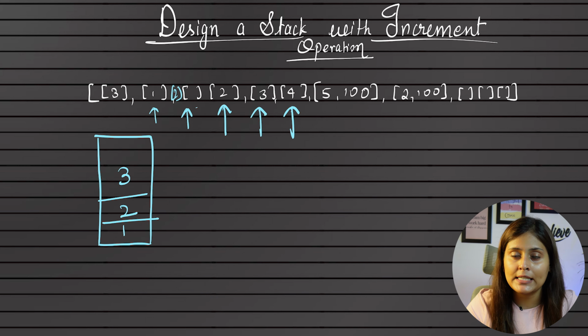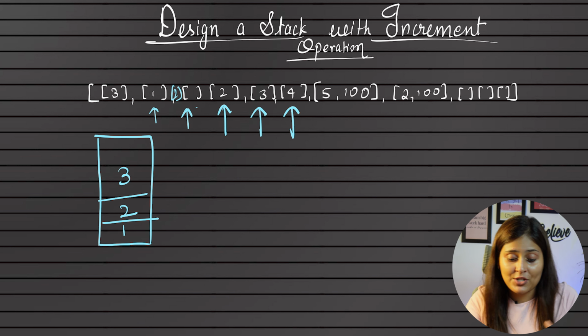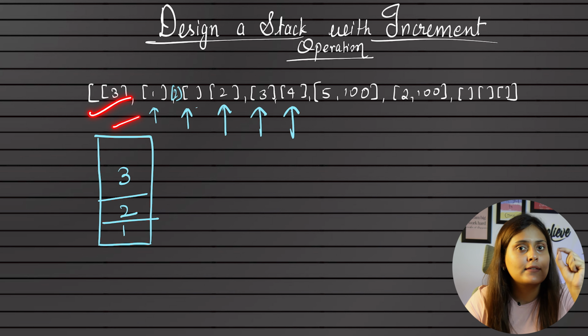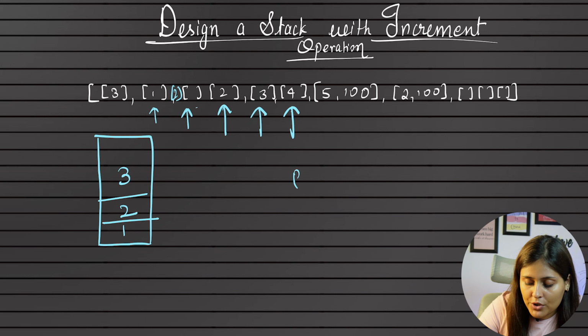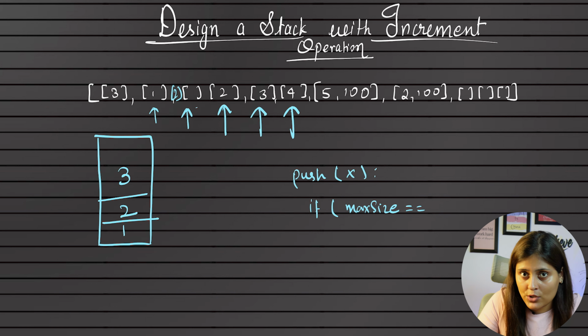So in our push functionality, definitely before pushing the element 4, we'll check that if the size is already matching with the max size allotted, then that element we will not push in the stack and we'll simply return. So in the push function, we'll get an element for sure and we'll check if the max size, which is globally defined, is equal to the size of the stack.